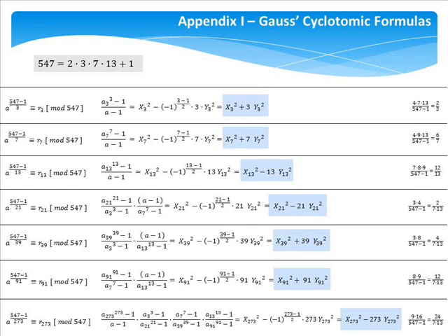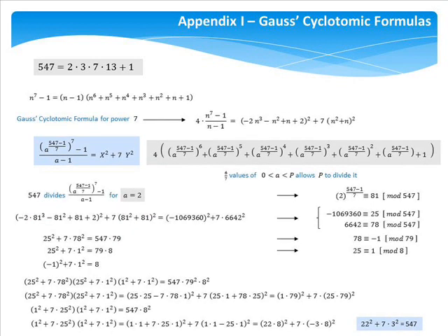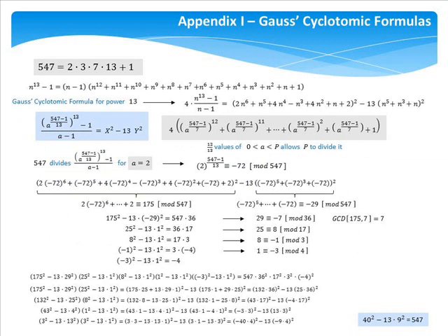However, it's important to observe that the number of values of A that satisfy this divisibility condition significantly decreases in each case. Finally, we illustrate how 547 can be represented as x squared plus 3 times y squared, x squared plus 7 times y squared, and x squared minus 13 times y squared.